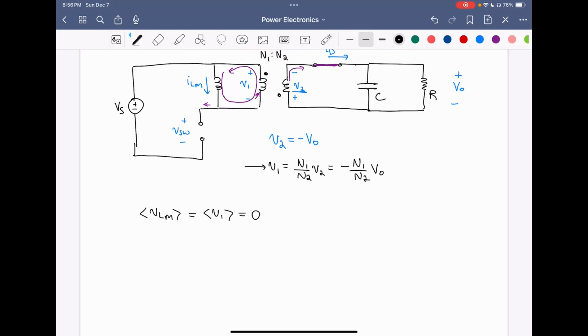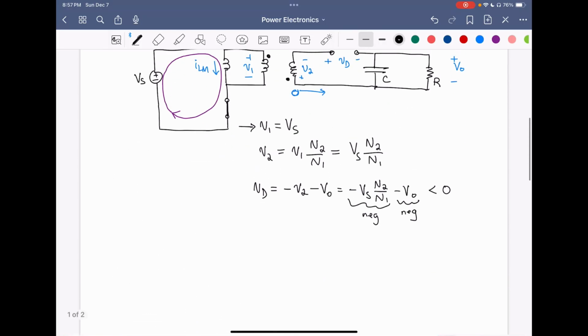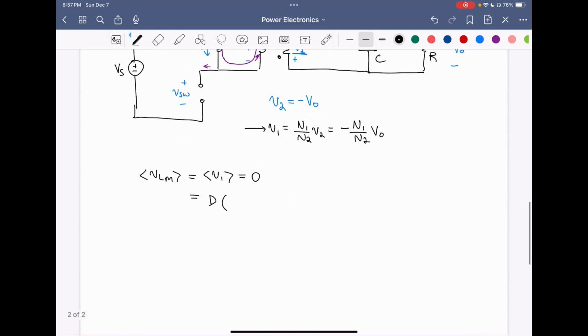In the D interval, we had V1 equals Vs. And in the D prime interval, the voltage was equal to negative N1 over N2 VO. So this equals 0, and therefore we can solve for the conversion ratio of VO over Vs.